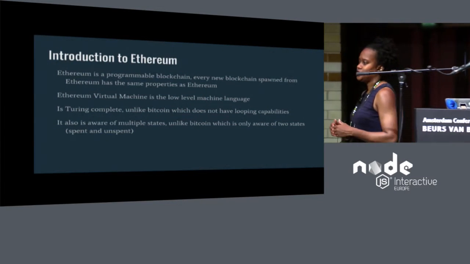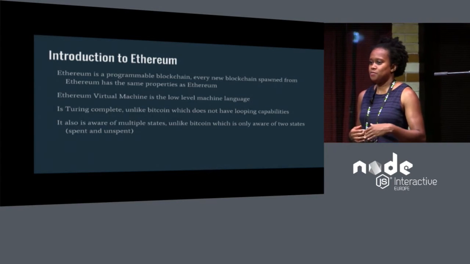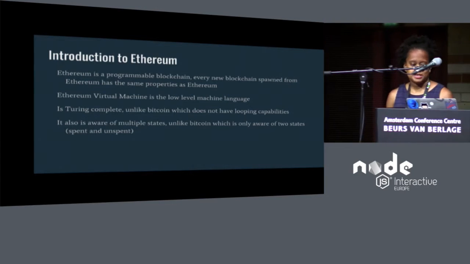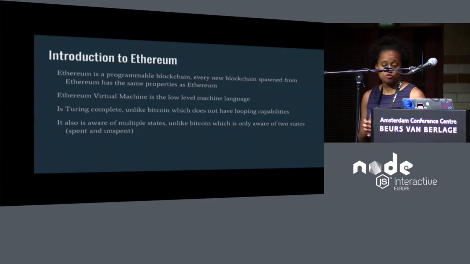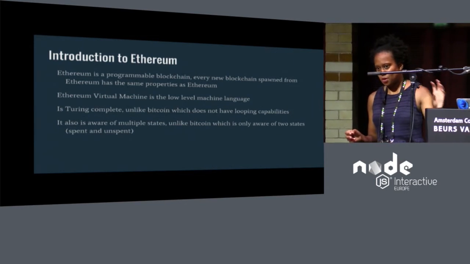Ethereum takes the blockchain technology and brings it to the next level. What I mean by next level is Ethereum is a programmable blockchain. And every new blockchain spawned from Ethereum has the same properties as the original Ethereum blockchain.